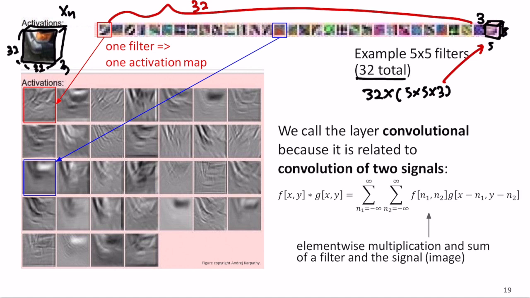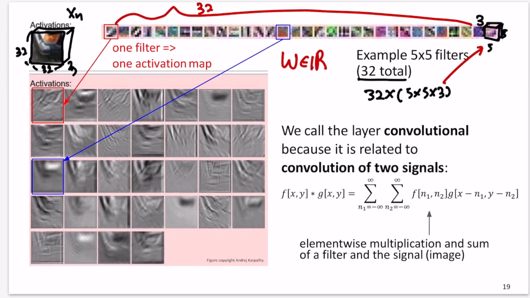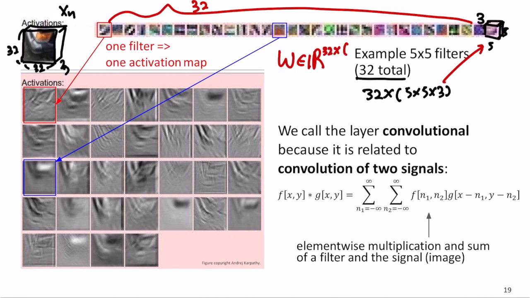We just assume that we have 32 kernels of 5 by 5 by 3. In other words, our learned parameter W is 32 times 5 by 5 by 3.